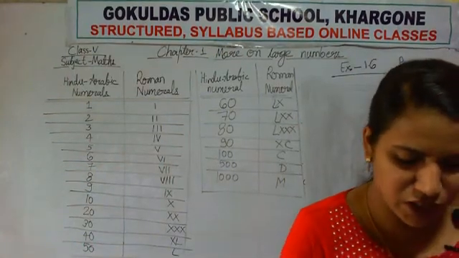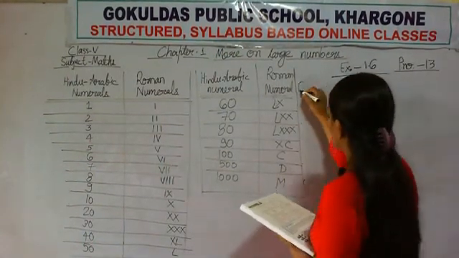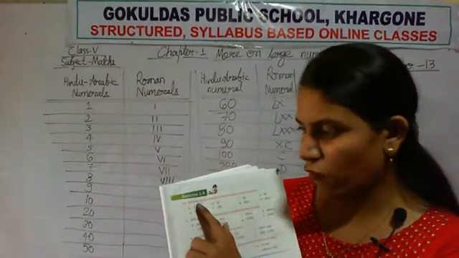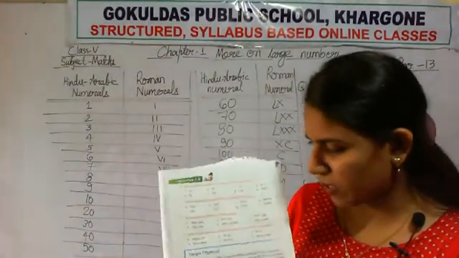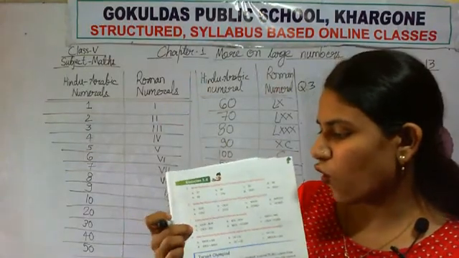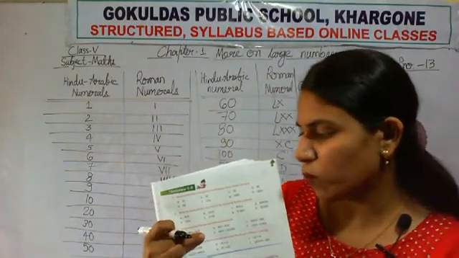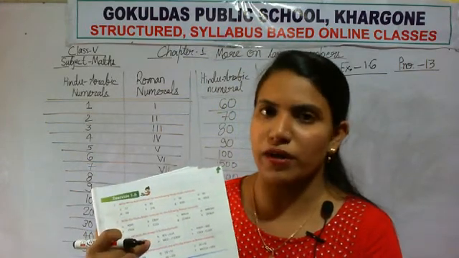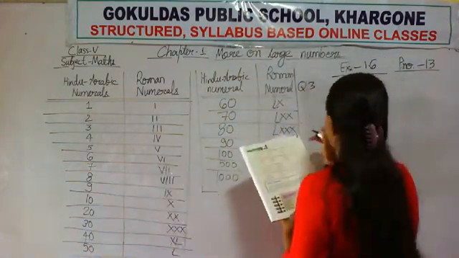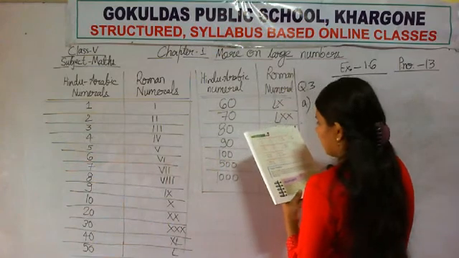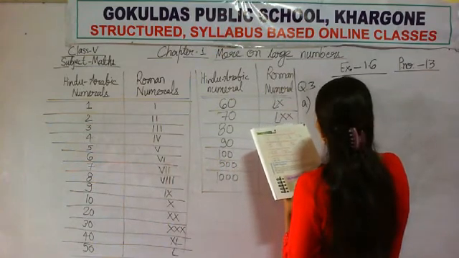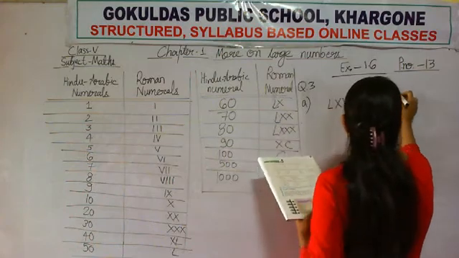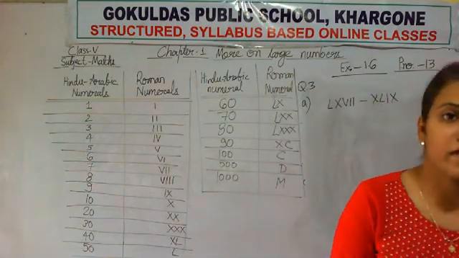Now let's move to question number 3. Read question number 3 of exercise 1.6, page number 13. Read it, solve and write the answer in Roman numerals. XLVII minus XLIX.